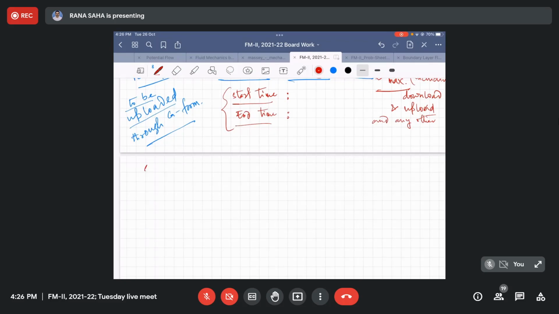Syllabus হচ্ছে আমরা up to momentum integral equation. Okay.